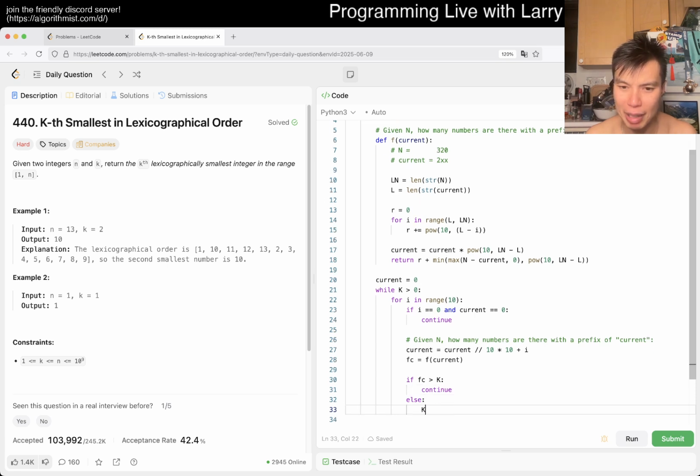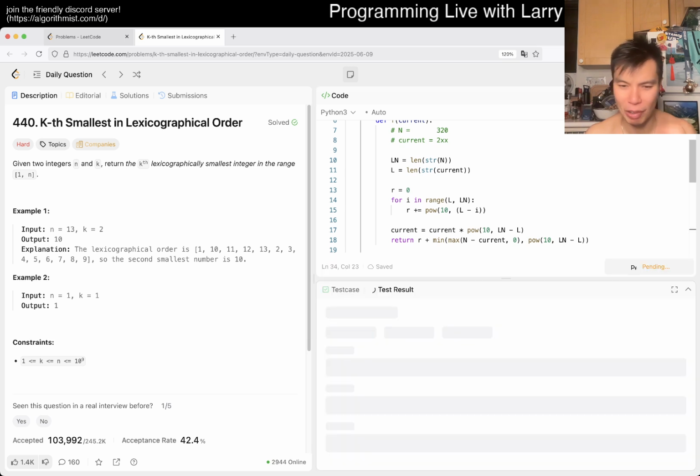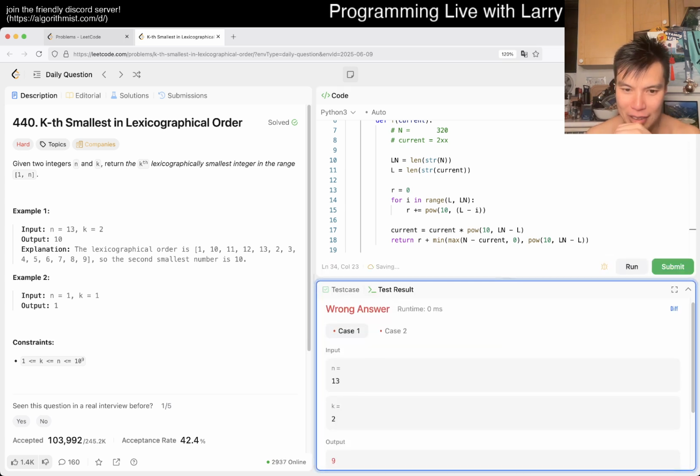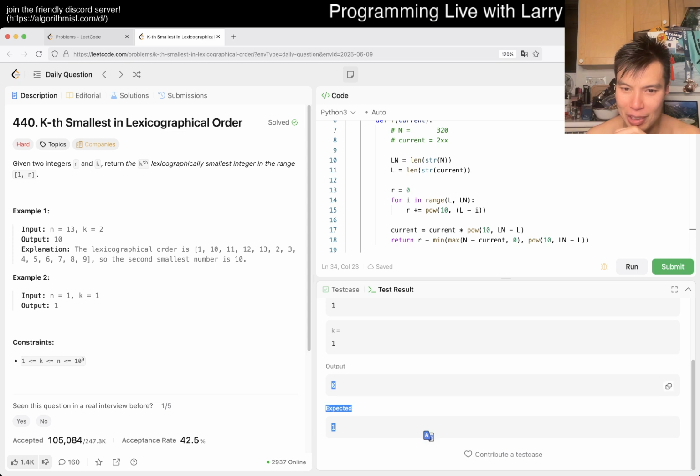Otherwise, k minus fc. Yeah, because that means this current digit is the current thing that we want. And then at the end, we just return current. This is probably not right, or off by something, but we'll see how it goes. If it's always off by 1, then maybe it's not so bad.